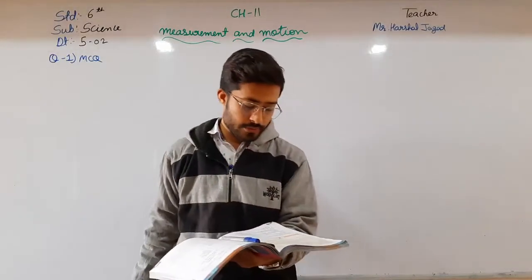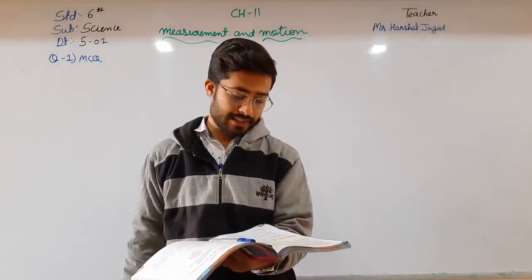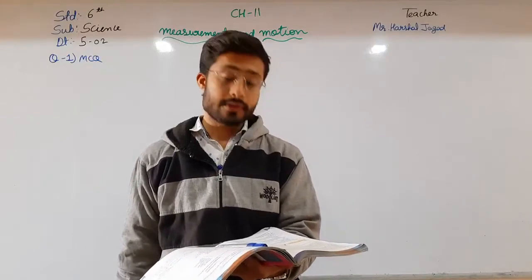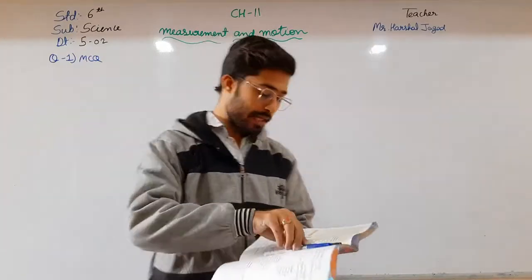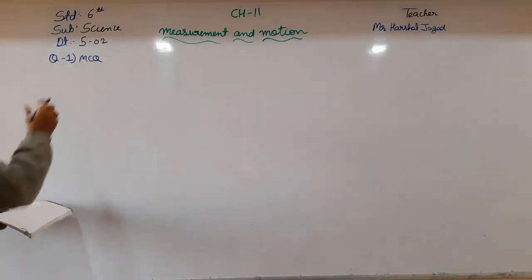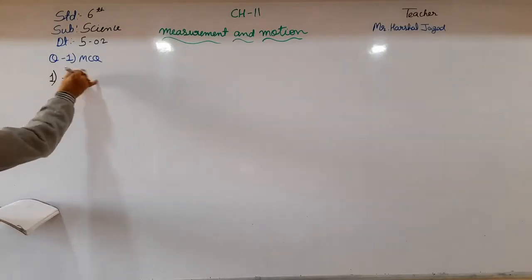Early boats used this for travel across waterways: wind energy and water current, steam engines, petrol engines or diesel engines. So here it will be A, wind energy and water current. The first answer will be A.